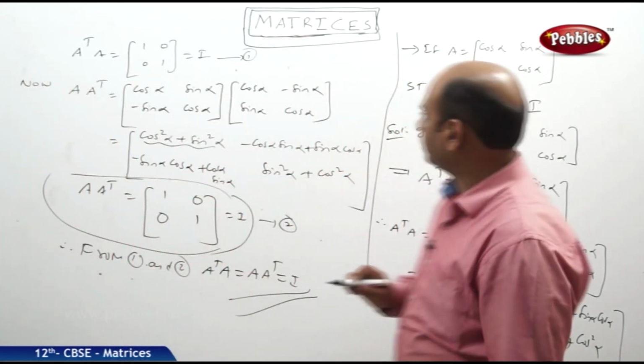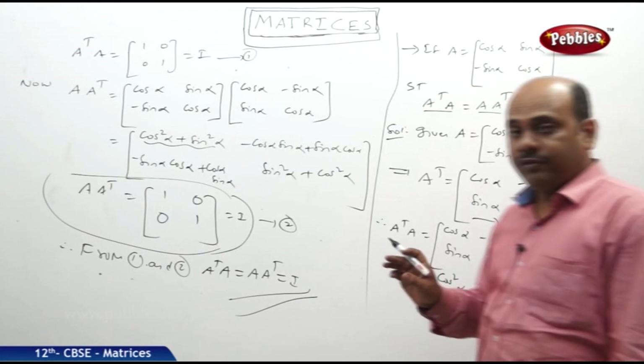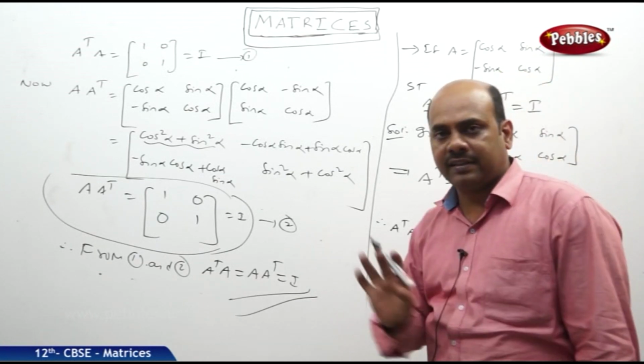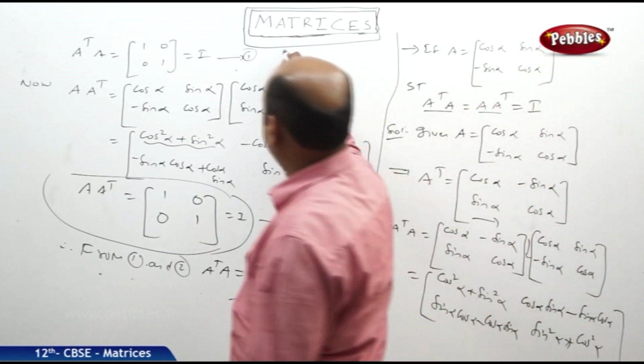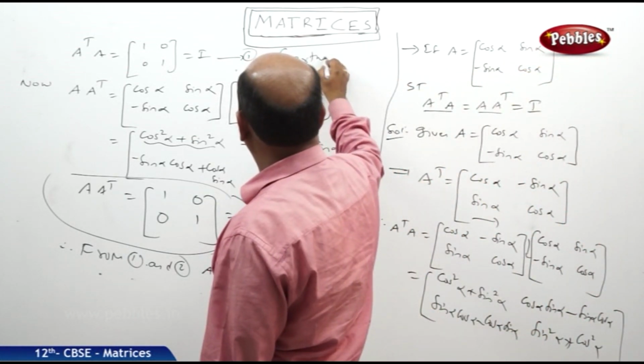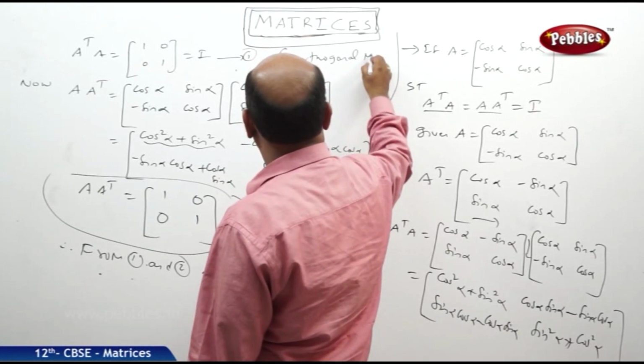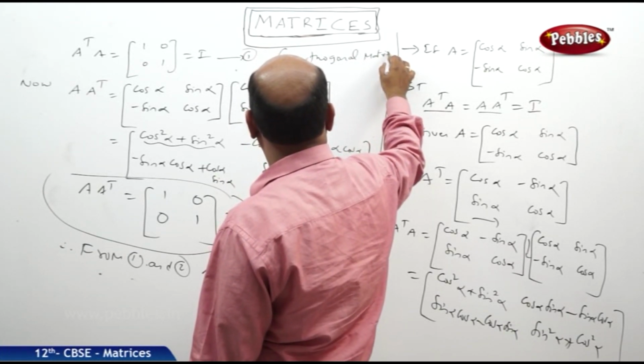But one thing, here we can give an excellent definition. What is the definition means? Here I am writing orthogonal matrix. Orthogonal matrix. We got an example also luckily here.